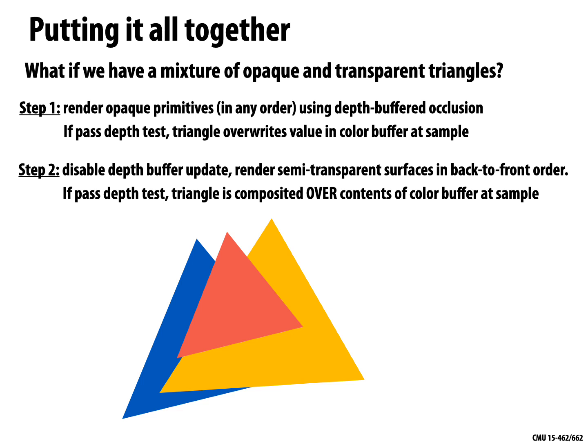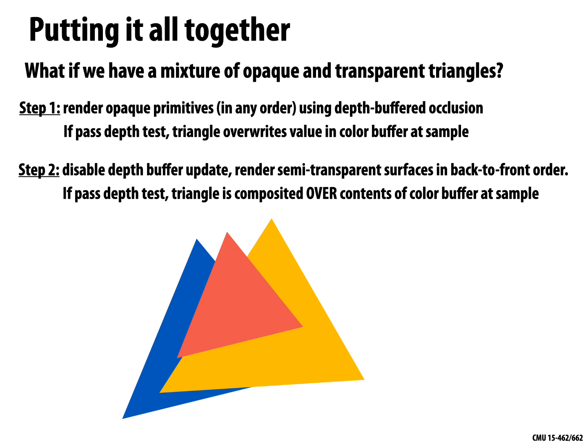In step 2, after we're done drawing all of our opaque triangles, we're going to disable the depth buffer update. We're no longer going to change the depth values. We're just going to go ahead and render semi-transparent surfaces in back to front order. We're still going to check if we pass the depth test. So if the semi-transparent triangle that we want to draw is behind an opaque triangle, we definitely shouldn't draw it. Likewise, if the semi-transparent triangle is closer than the opaque triangles that we've drawn, we should draw it.